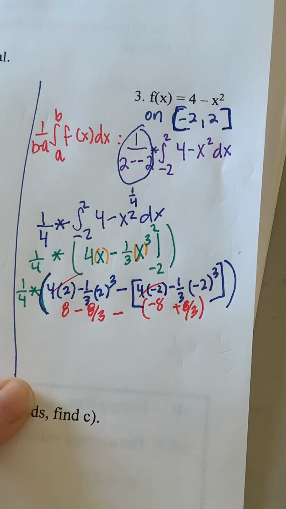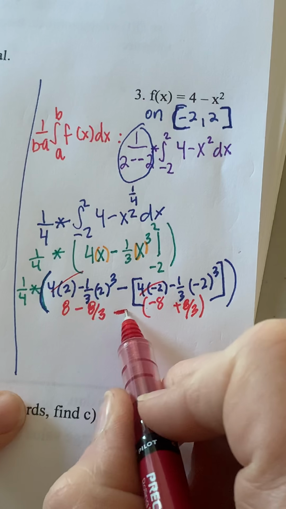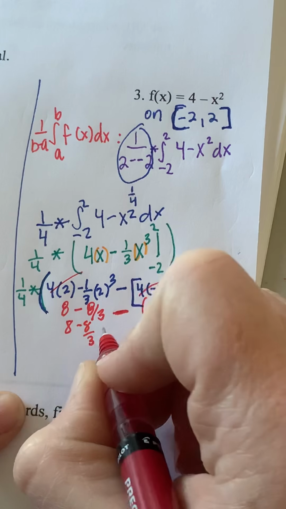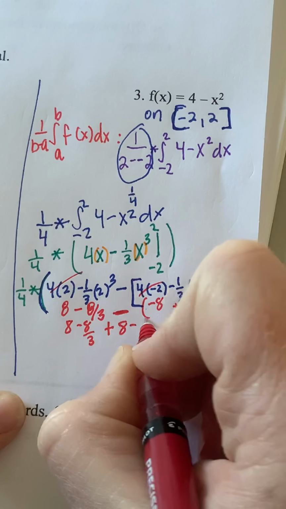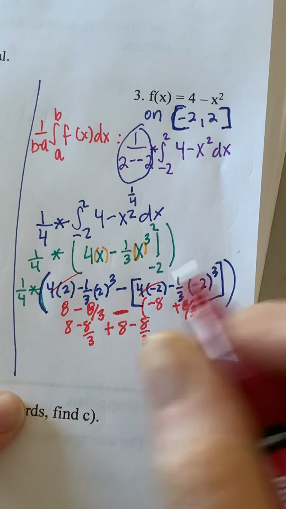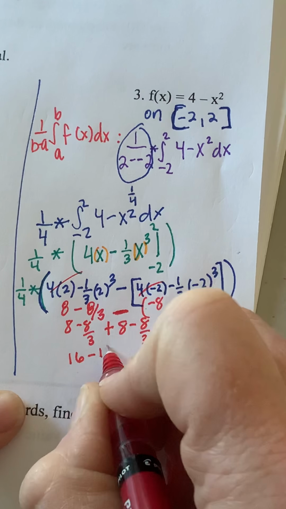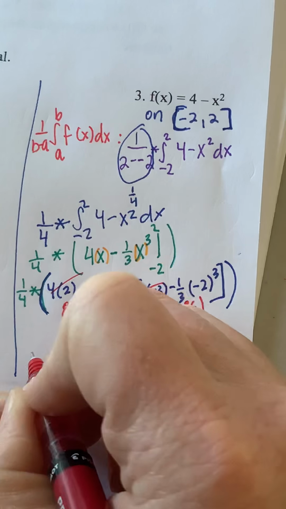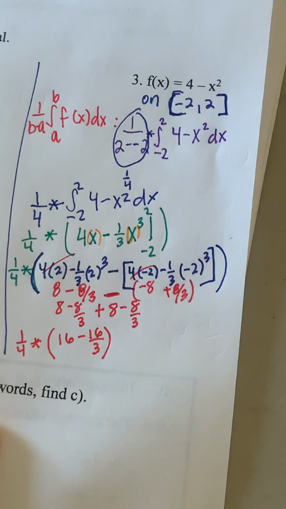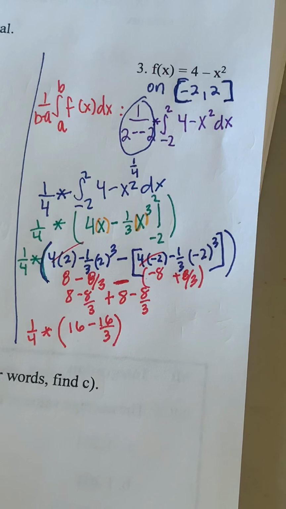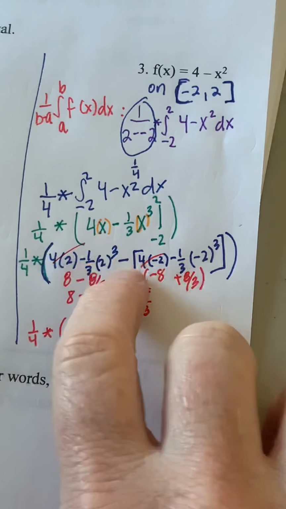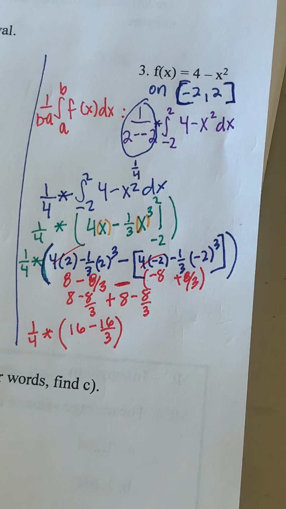Okay, so when you distribute the negative here, this will be 8 minus 8/3 plus 8 minus 8/3, which is 16 minus 16/3. And we gotta times that by 1/4. Or you could just type all of this in the calculator and press equals. As long as you use enough parentheses, it'll work out.